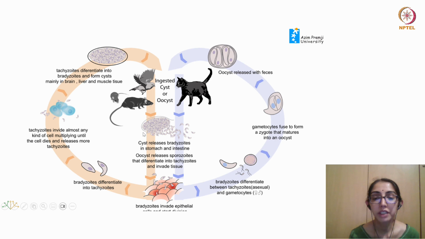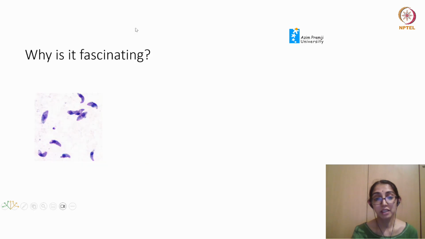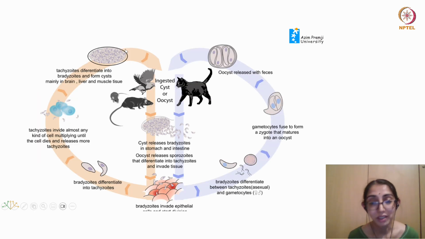When the cysts are released, they now release bradyzoites, which can only reproduce asexually within this intermediate host, right? While they do this in the intermediate host, they can also, of course, infect humans, not just rodents or birds. Of course, they cause illness in the intermediate host. In the cats, in the definitive host, they don't cause disease at all.